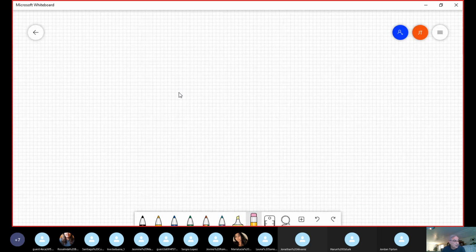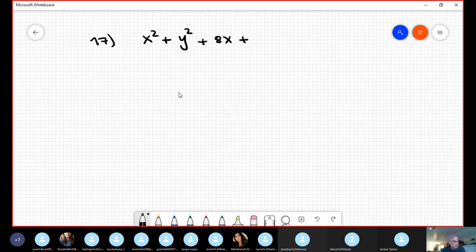Okay. And question 17 is different because we have the equation of a circle. But this equation is expressed in general form. And they want you to write the equation in standard form.